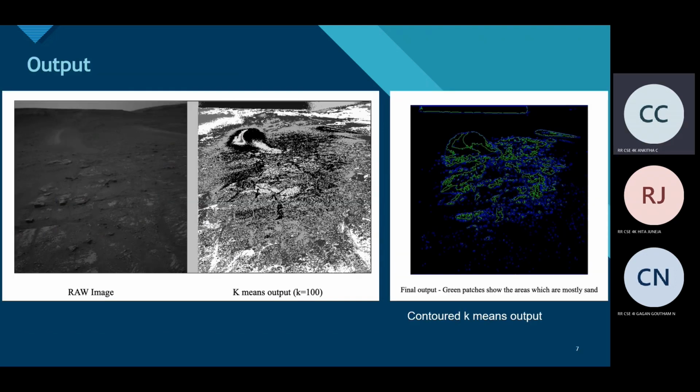You can see in the diagram. Here, the output of k-means and contour detection with convex hull is given. The leftmost is the raw image, the middle image is the k-means output for k value 100, and the rightmost is the outcome of k-means with contour detection plus convex hull.